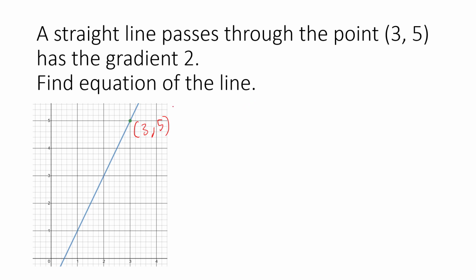So we know that all straight lines follow this formula, y is equal to mx plus c. The way you are going to leave it is that y and x must be there, but m and c must be numbers rather than unknown letters like m and c.